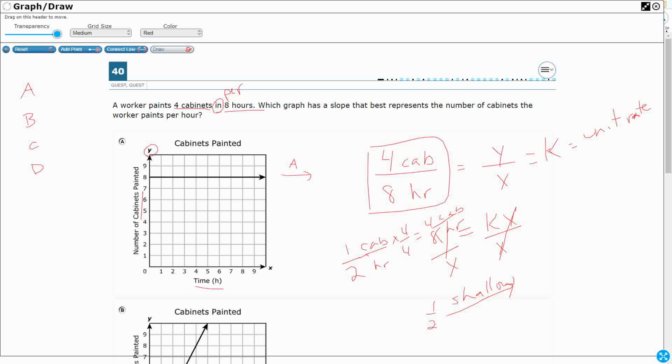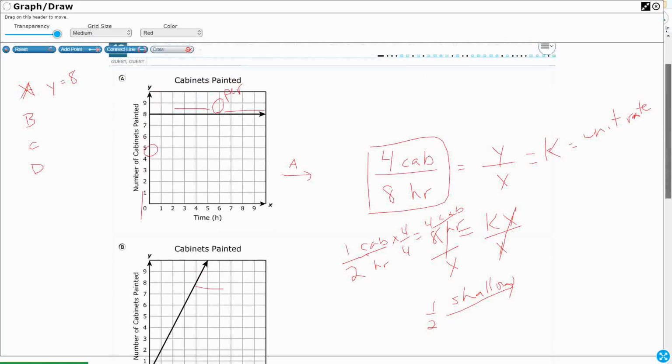It doesn't have that positive growth that we would expect from a slope that is at least greater than 0, even though it is a fraction. So A is no good. A is just simply y equals 8 is really what that is, because that's the equation of a horizontal line. It would just give you the y value and tell you what that y value is.